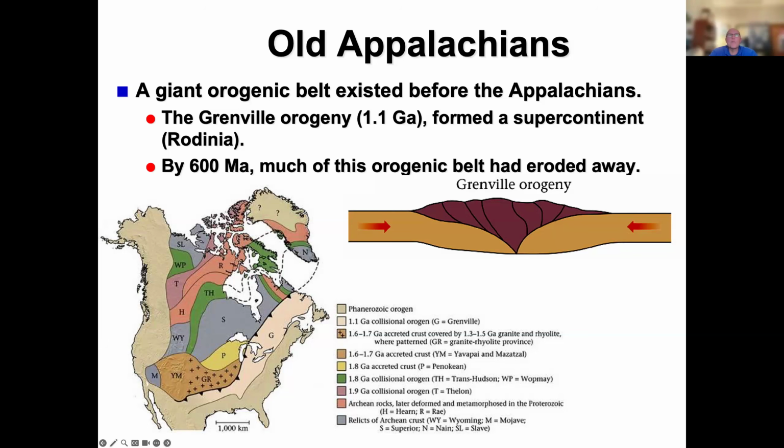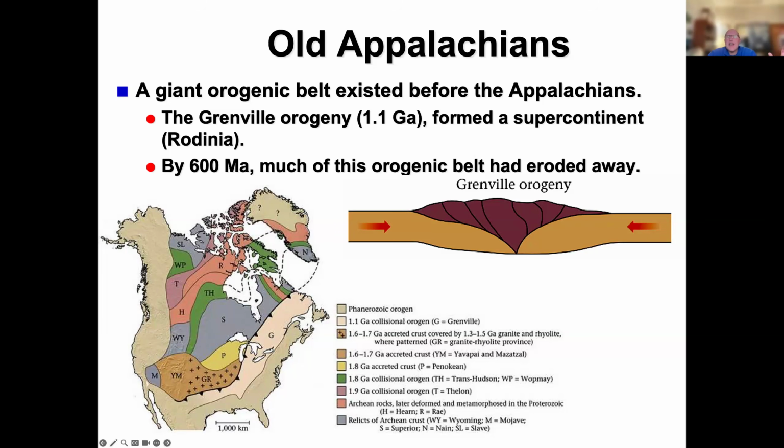And it formed from a collision between 2 land masses that we're not always sure what they were. Certainly Laurentia, ancient North America, and maybe something that would look like South America or the Amazonian center. But these 2 masses came together and formed what we call the Grenvillian orogeny. So that's kind of the first of these mountain building events that I want to talk about.